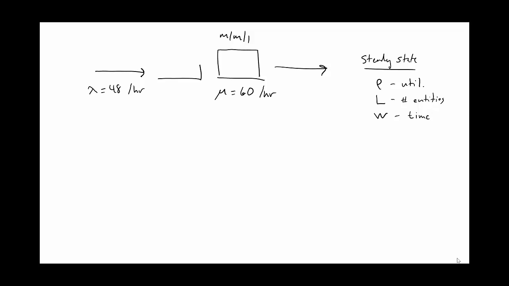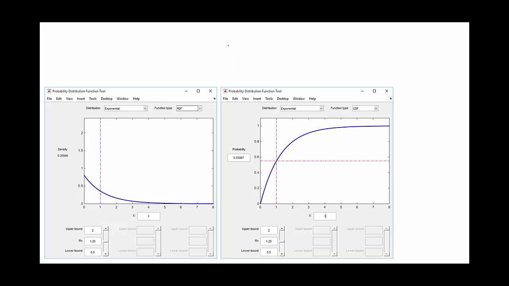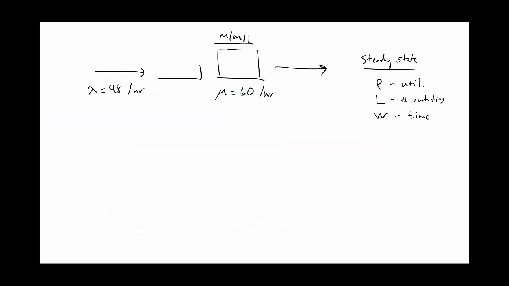Since our system is M/M/1, go back up here, where our M's in this case stand for Markovian, we know that our inter-arrival times, which we're going to call IAT, will be exponentially distributed with a mean of 1 over 48 per hour. I'm going to work in minutes here, so this is equivalent to exponentially distributed with a mean of 1.25 minutes.